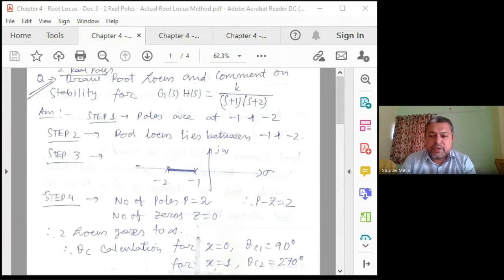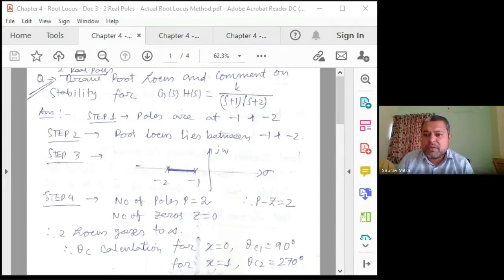Initially when k was equal to 0, there were two poles. One was at 0, another was at -4. It's a two pole system because the characteristic equation is s square plus 4s plus k. So I'm just giving you a recap of what we had done yesterday. G(s)H(s) was k divided by s into (s plus 4). k is the system gain.